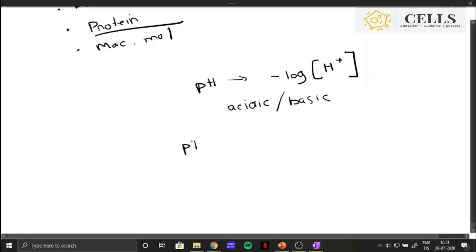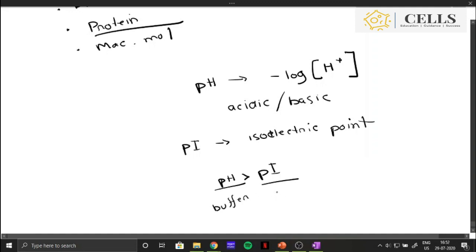You also have Pi, which is the isoelectric point. So if the pH of the buffer is greater than the Pi of the protein, the protein will be present as a negative charge.